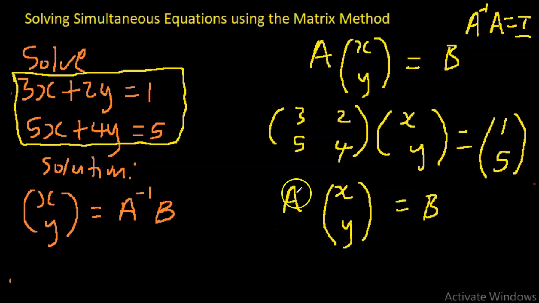So you need to get rid of this A there. And because you want to get rid of this A, you multiply this side by A inverse, because A inverse times A is I. Just as any number times its inverse is 1. If you multiply 7 times its reciprocal, you get 1, right? So it's the exact same idea.